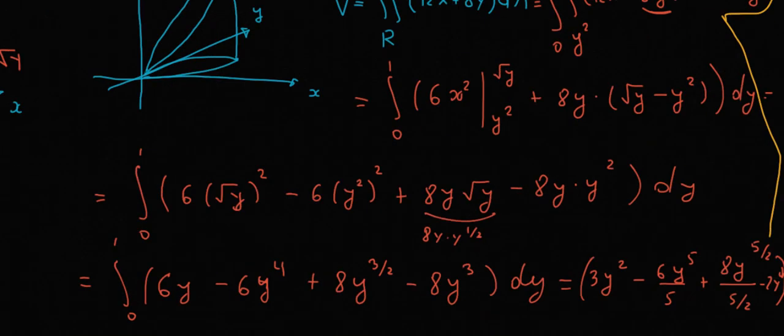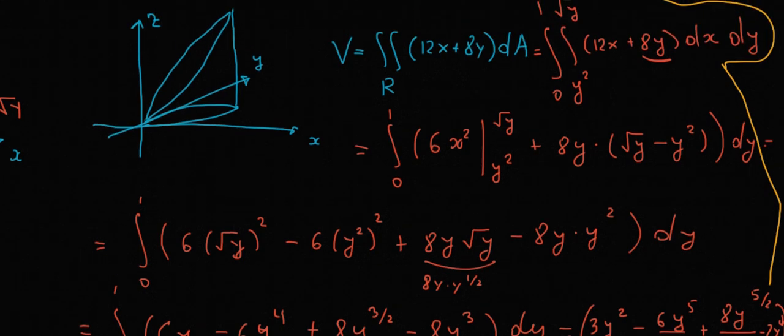This is the antiderivative that we've found, and it has to be evaluated at the endpoints. Now, when we plug in y equals 0, the whole thing turns into 0. And then when we plug in y equals 1, all the powers of y turn into 1. So it's not going to be too complicated to calculate this.